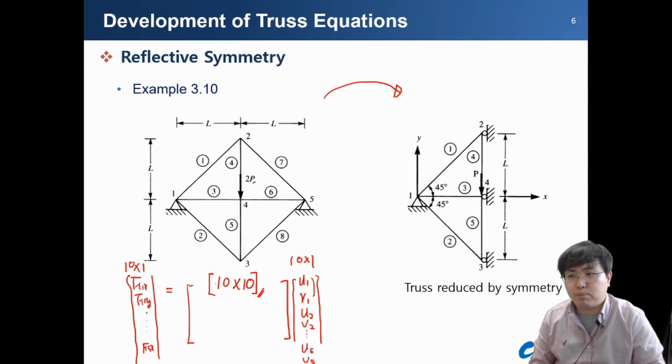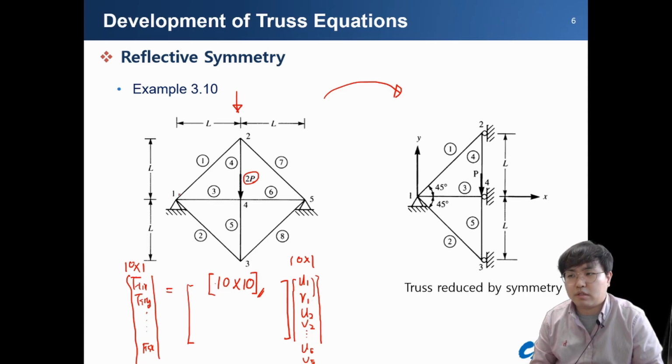We applied force at the first node in the y direction. There are no forces in the x direction. That means this structure will be deformed only in the y direction.